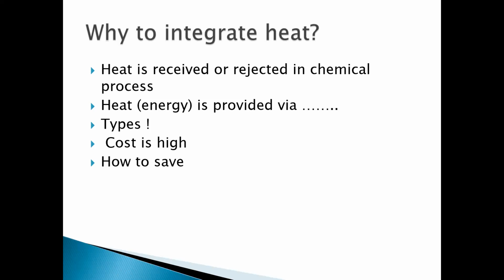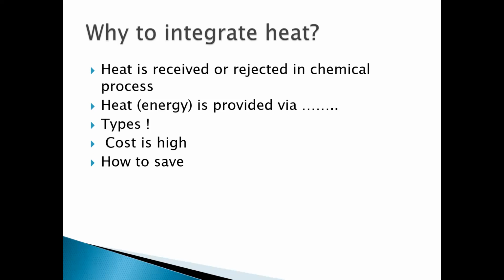Yet we have energy contents in those process streams. So the question comes to any process engineer: why don't we save utilities by utilizing the heat that comes from those process streams?